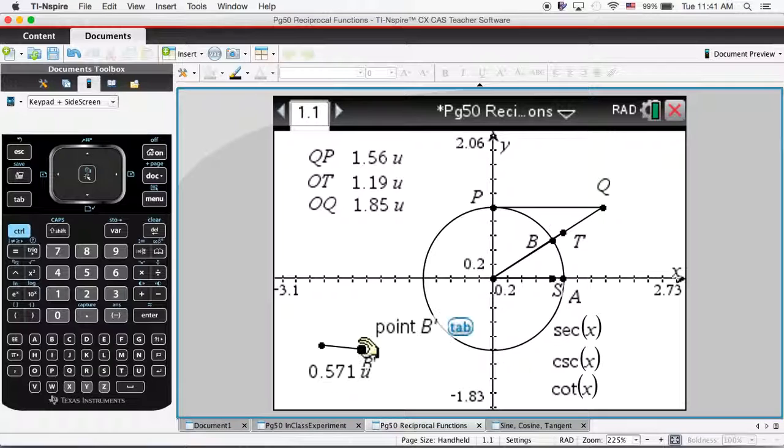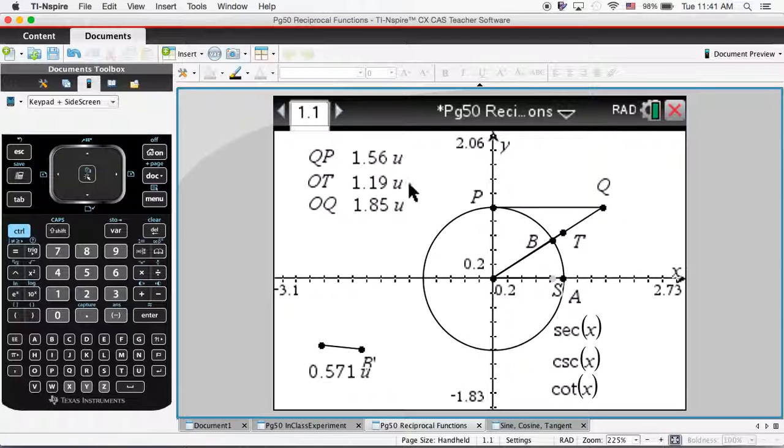And P is (0, 1), and Q is the intersection point of the horizontal line going through P and line OB. So if you extend OB and if you extend P, it's going to intersect at point Q.